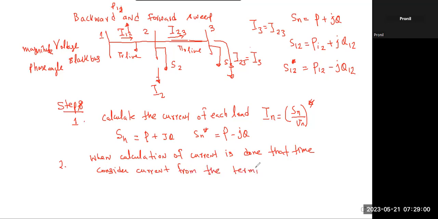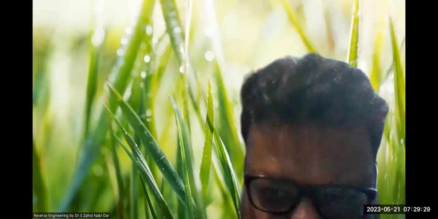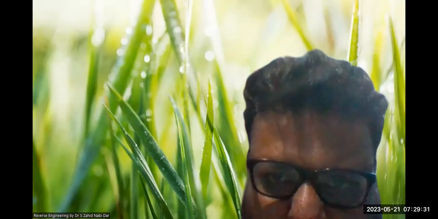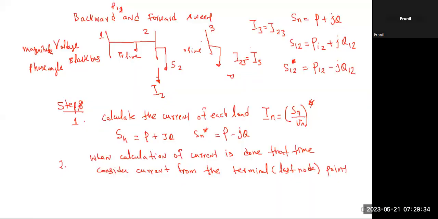From the terminal would mean the last node. So here the terminal point would be this. Instead of going in this direction, we don't consider the current in a forward mode. We consider the current in the backward mode, when we are going in this particular direction.